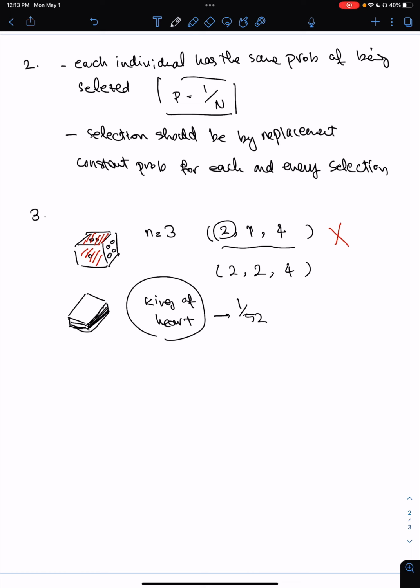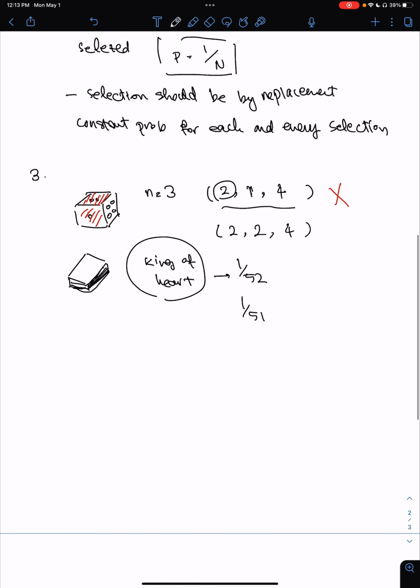But imagine our first pick is not the King of Hearts. For the next pick, the probability of picking the King of Hearts is 1 over 51. Why? Because we already picked one card and threw it away, so we now have 51 cards. This is the situation without replacement.